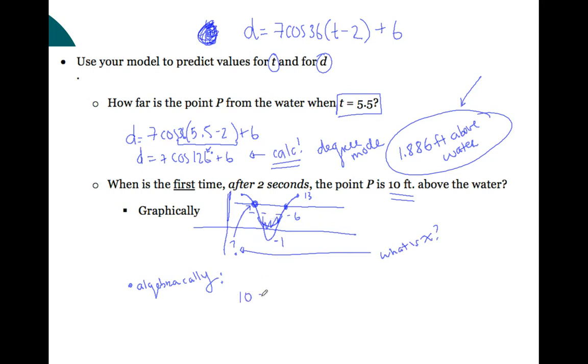What is x? Right? And I'll show you how to do this graphically in a moment, but algebraically, we're going to say, well, 10 equals 7 cosine of 36 times t minus 2 plus 6. And we're going to go ahead and do some solving. So I'm going to subtract 6, make it 4 equals 7 cosine of 36 times t minus 2. Divide by 7, 4/7 equals cosine of 36 times t minus 2.